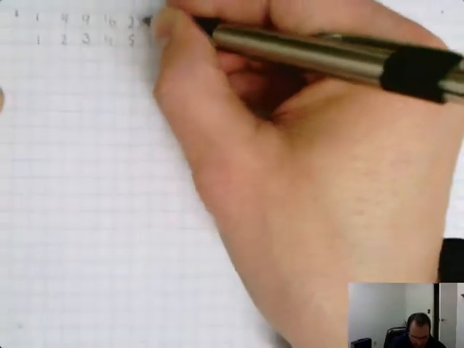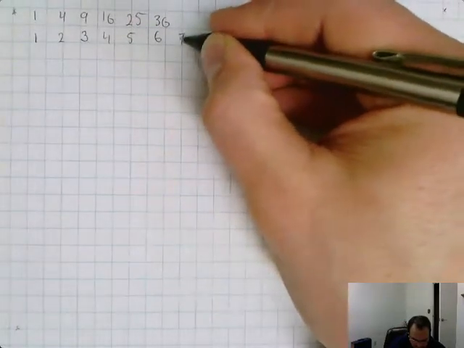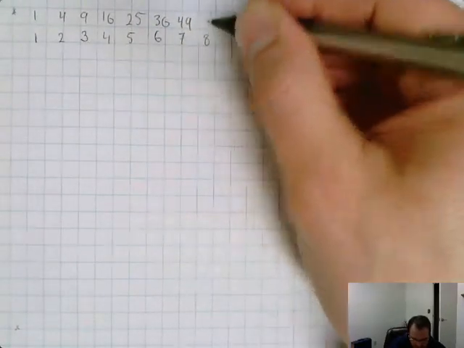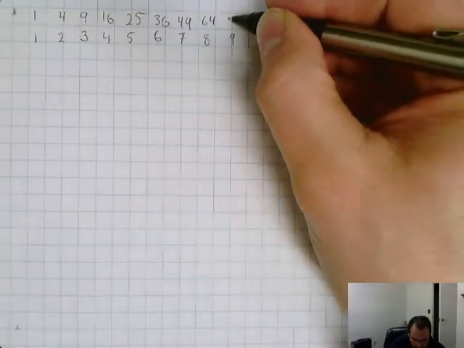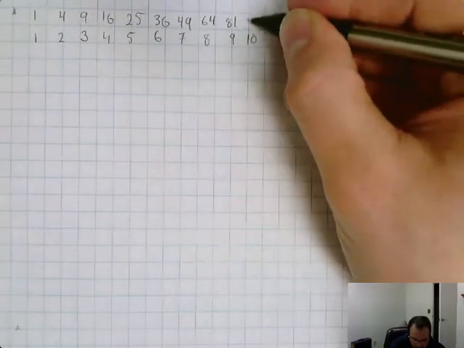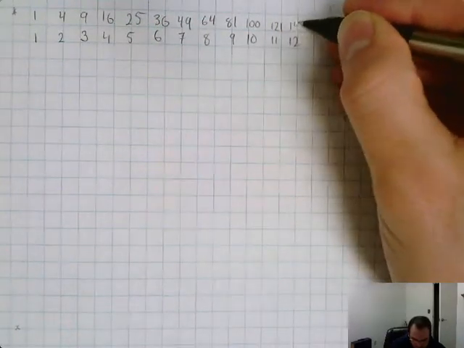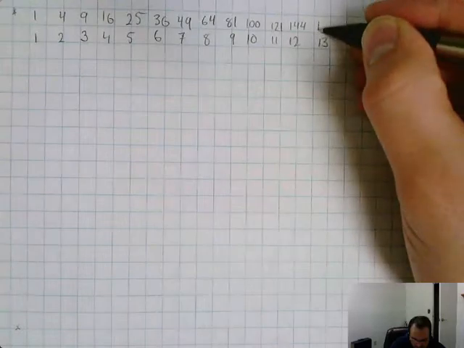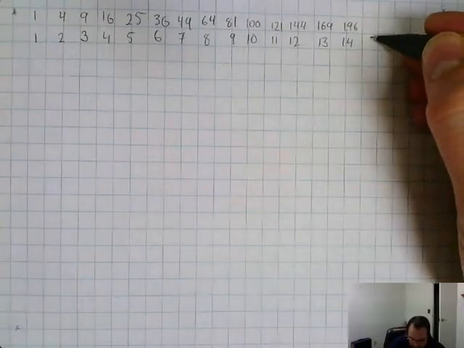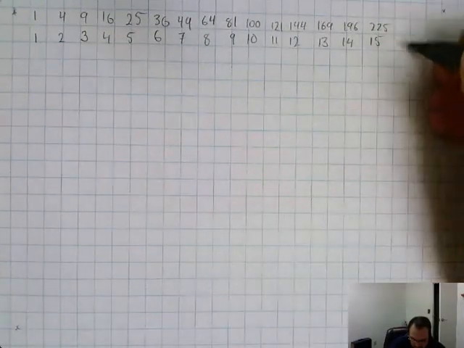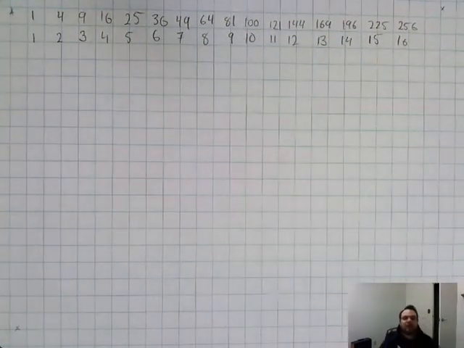5 squared is 25. 6 squared is 36, 7 squared is 49, 8 squared is 64, 9 squared is 81, 10 squared is 100, 11 squared is 121, 12 squared is 144, 13 squared is 169, 14 squared is 196, 15 squared is 225, and 16 squared is 256. I'm going to leave it there because I'm going to run out of room.